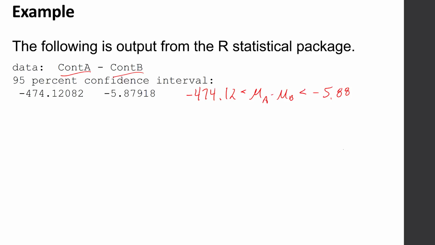All right, now if you take mu A minus mu B and the only possible values for that are all negative, what does that tell you? That tells you that mu B is larger. So I'm going to interpret my confidence interval that way.